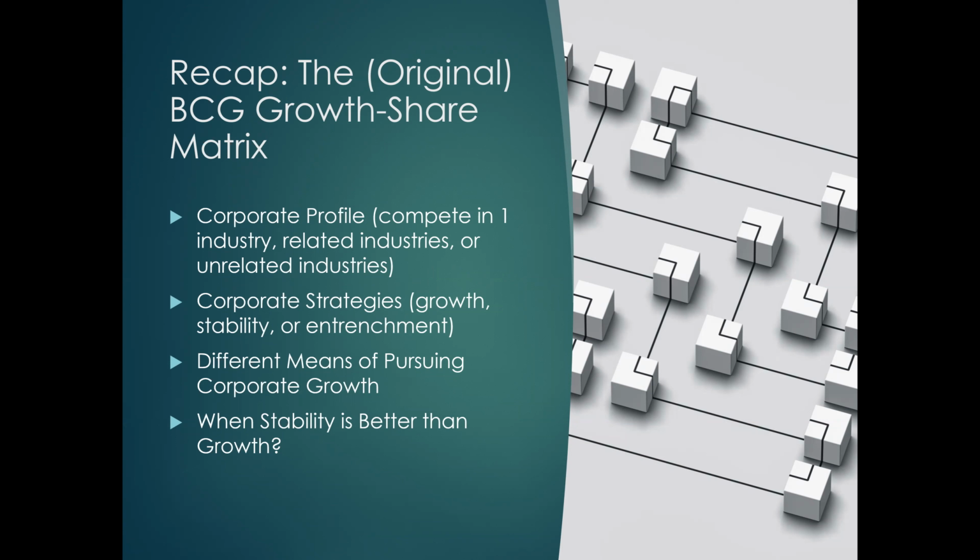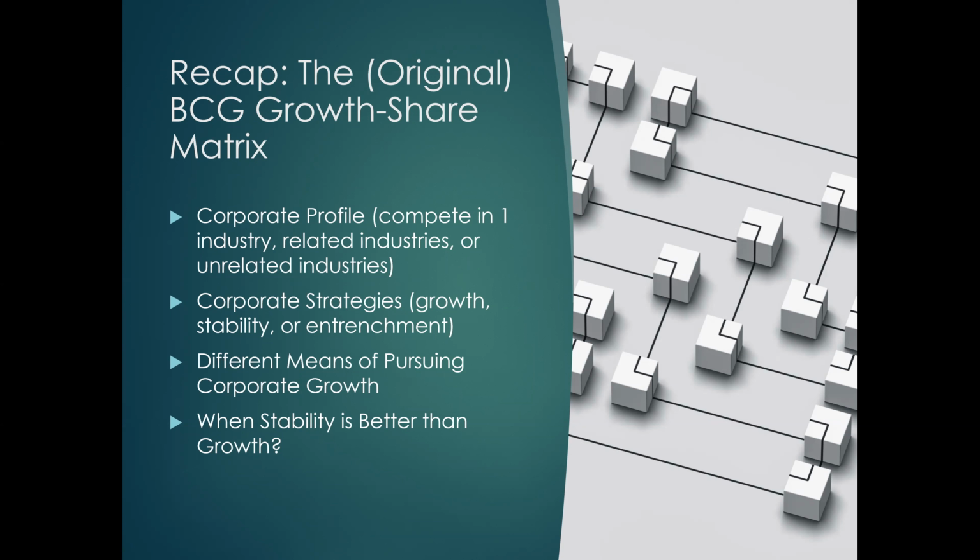Last week we talked about higher level strategy, right? We talked about how, in order for the top management team to determine such strategies, what they usually need to do is understand their corporate profiles.